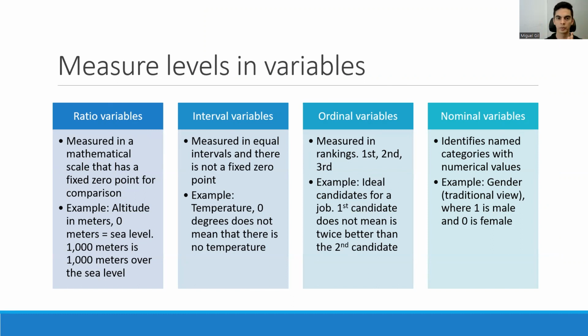I'll try to not confuse you, but if you tell me that I am number 1 and my friend Juan is number 2 and my other friend Jose is number 3, do you assume that because I am number 1, I am the best? We need to have more information for that, right? So if I tell you that 1, 2, and 3 is a nominal variable, then it doesn't matter. If I am number 1, it doesn't mean that I am the best. It's just that I am number 1. That's like my ID number.